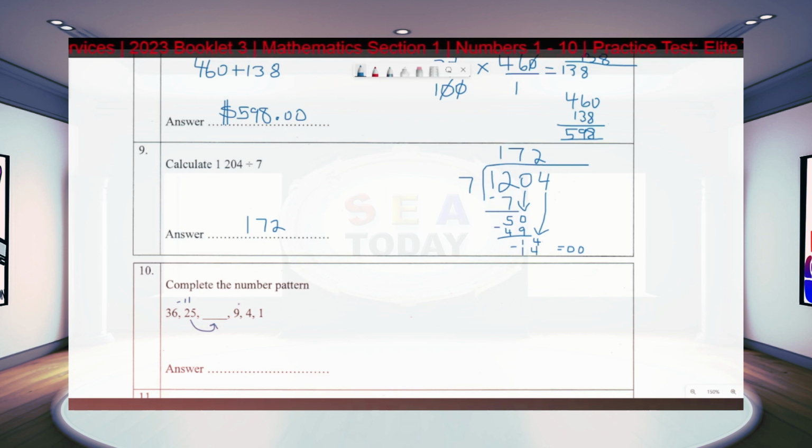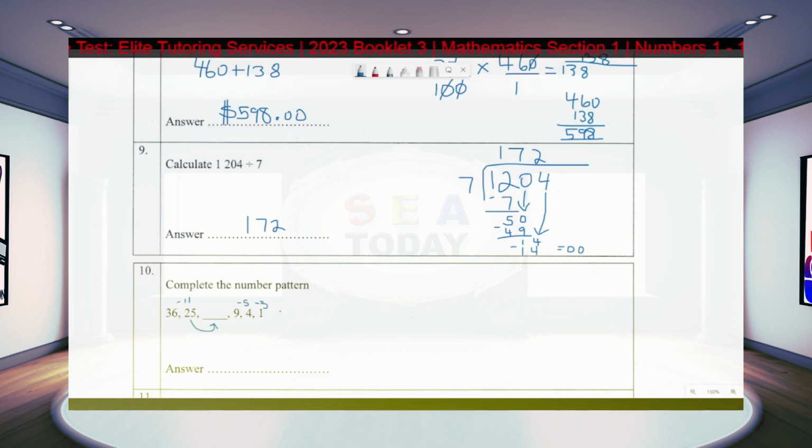From here we'll subtract 5, from here we'll subtract 3, so 9 take away 5 is 4, 4 take away 3 is 1. So the pattern in terms of the decreasing values of numbers would not necessarily appear easily here.